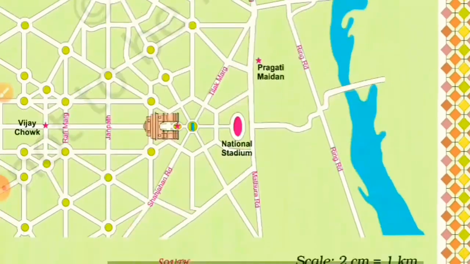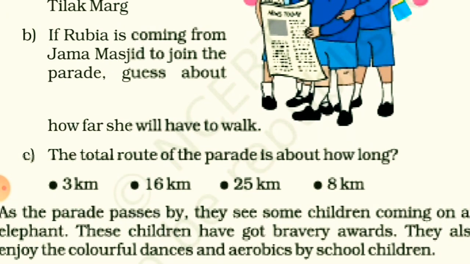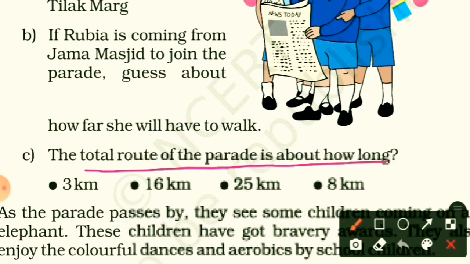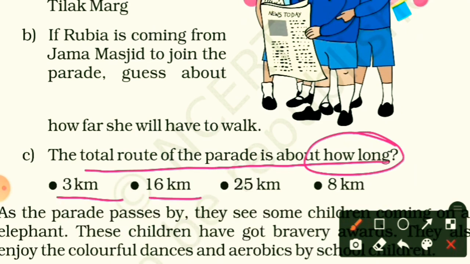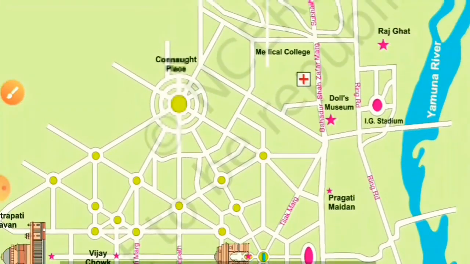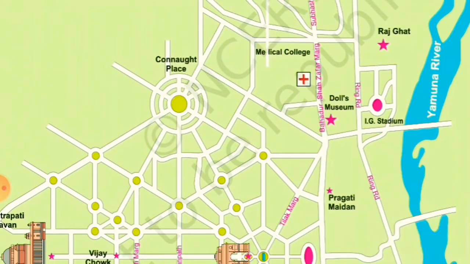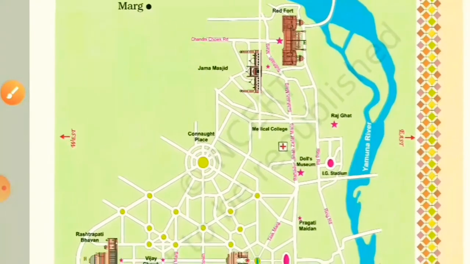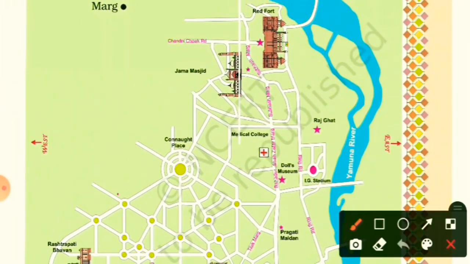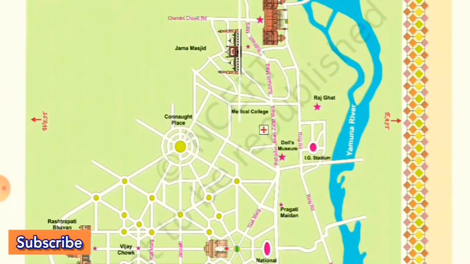The next question is: the total route of the parade is about how long? 3 km, 16 km, 25 km or 8 km. As I have traced this route from Vijay Chowk to Tilak Marg to Bahadur Shah Zafar, then Subhas Marg, we find that the total length is about 16 centimeters on the map.